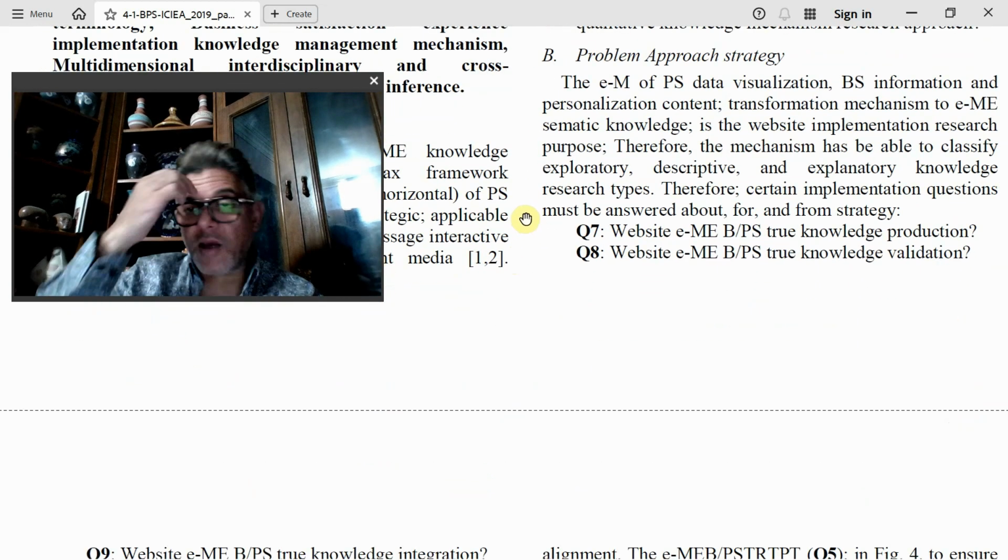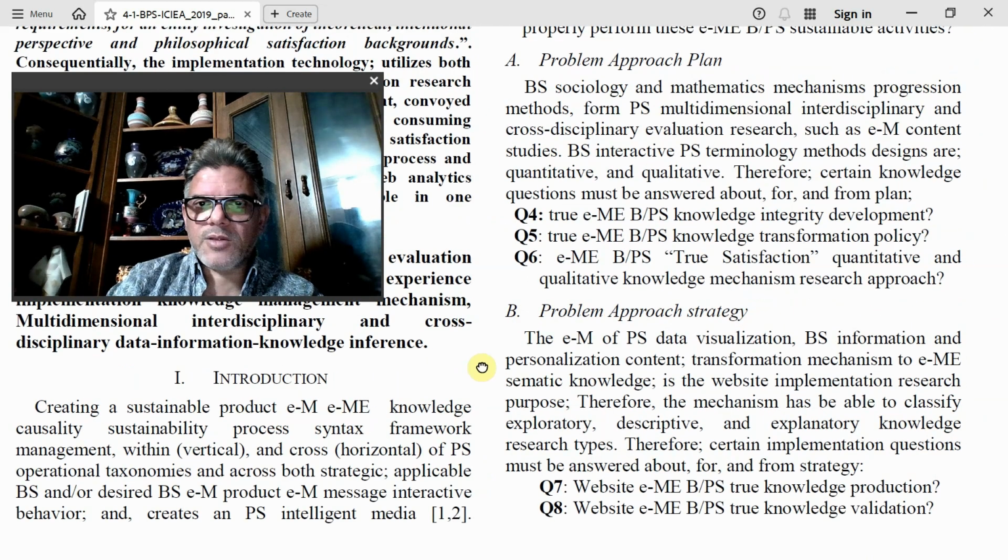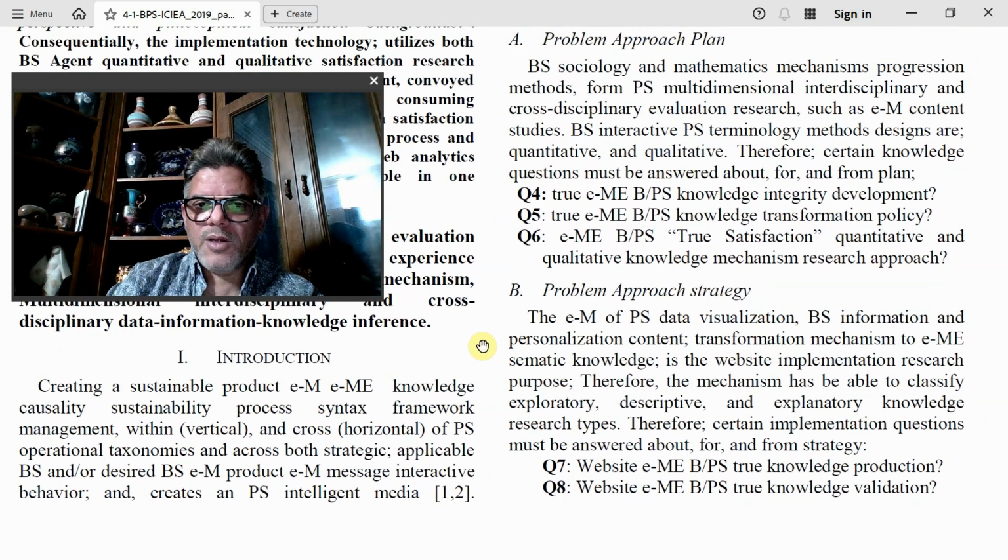Now we're going to talk about the strategy. Let's put the plan and the strategy together. So the e-marketing of product satisfaction visualization, data visualization, and the business satisfaction informational and personalization content transformation mechanism to e-marketing environment semantic knowledge is the website implementation research purpose.